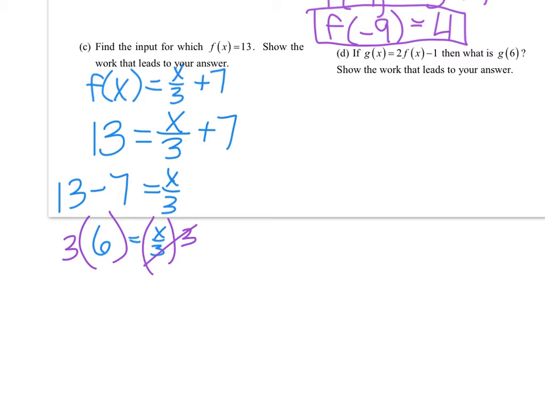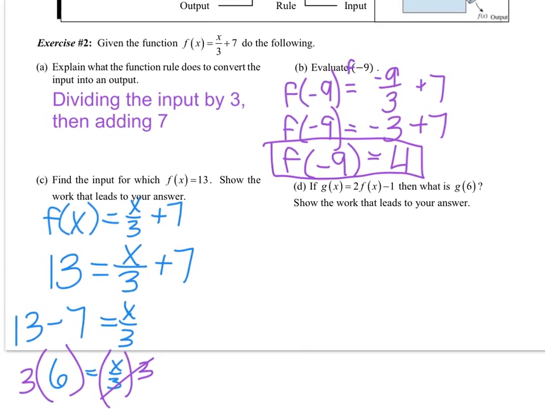So 3 divided by 3 is 1. We're left with x equaling whatever 6 times 3 is, which is 18. I always like to write my variable on the left, so even though I didn't do that at the beginning, I'll do it at the end. Just to sum this up, when I input 18, I actually get out 13. I did that one a little bit backwards because that's what the directions asked us to do.